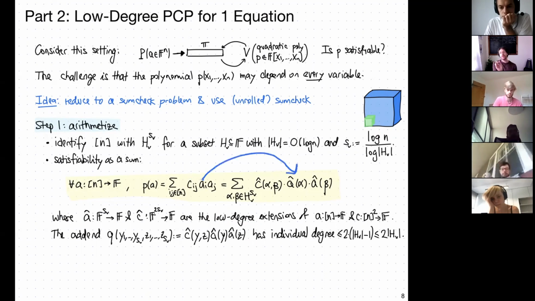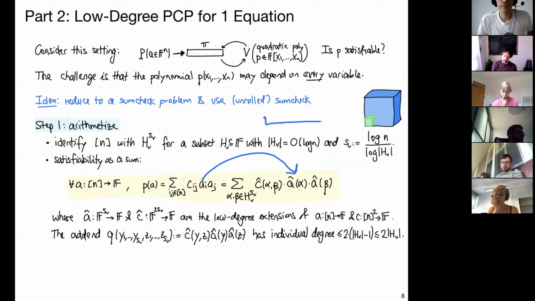We took a vector, just a vector of values, and then we embedded it in a cube. And then we took the low degree extension. So there are two things that follow. First of all, even just to represent the vector A, which is just a bunch of A1, A2, up to AN.